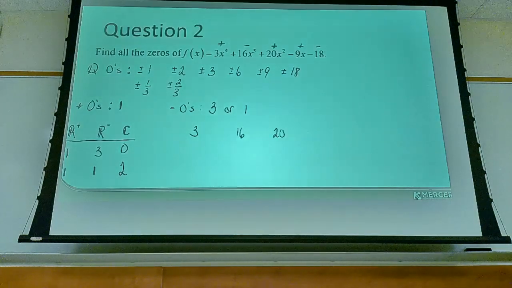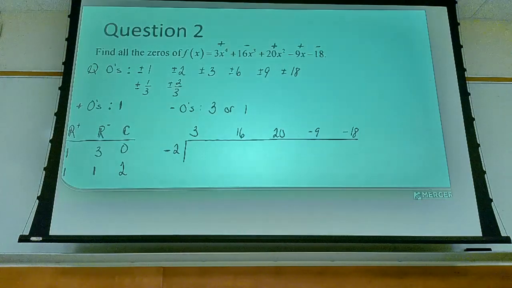So let's list those out. I'm going to check -2. I know that I have to have 1 positive and 1 negative. Three times -2 is -6, plus 16 is 10.